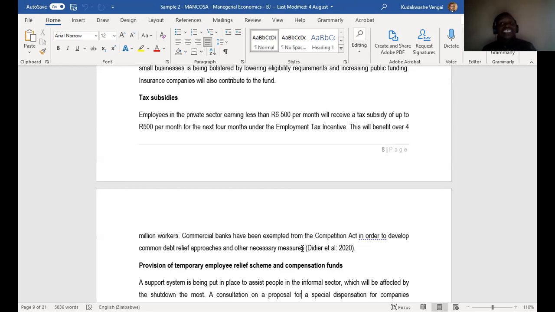Which means that if you have 100 employees, every month you're essentially getting 5,000 rand from the government as a subsidy to continue operating. That's a tax subsidy. So that's an example on the tax side.